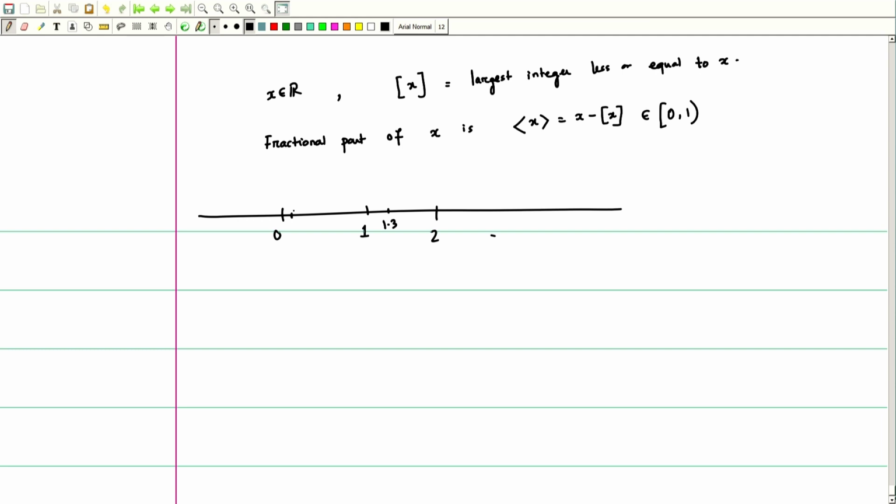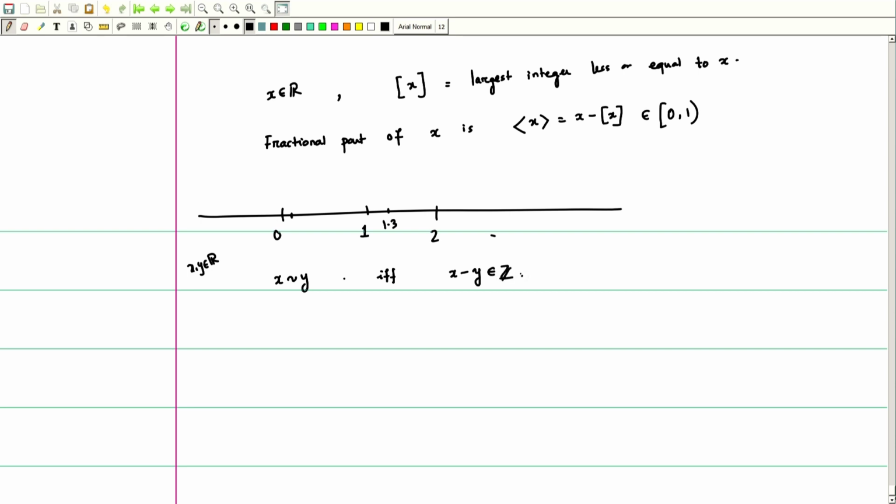So, we define another relation on R: x is related to y, where x and y belong to R, if x minus y belongs to Z.